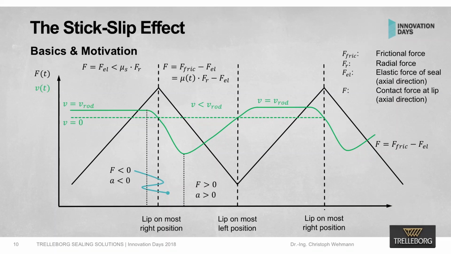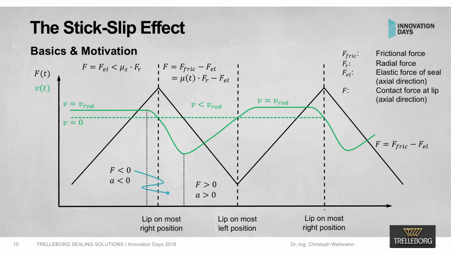And as soon as it begins to expand, of course, the sealing edge moves in the other direction. So the dashed line here is the zero line of the speed, so it becomes negative until a minimum is reached. We don't know exactly where this minimum is, but there must be a minimum because it goes up again. When we have stick again, it has to be again the same as the rod speed.